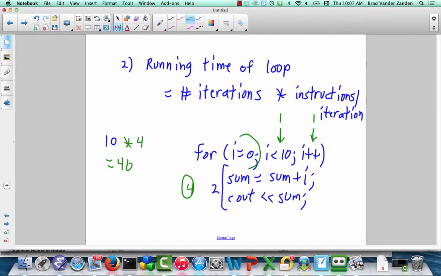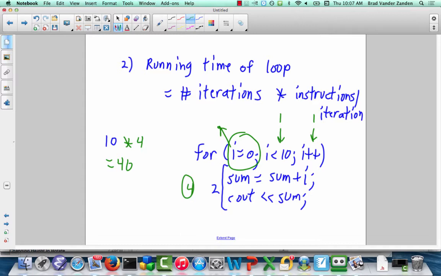And then we didn't count this. This actually is before the loop, but that initialization is 1 additional instruction, but we count it as being before the loop. So technically, this one is taking 41 instructions. Again, you could start to quibble and say maybe there are some other things going on. Sure.